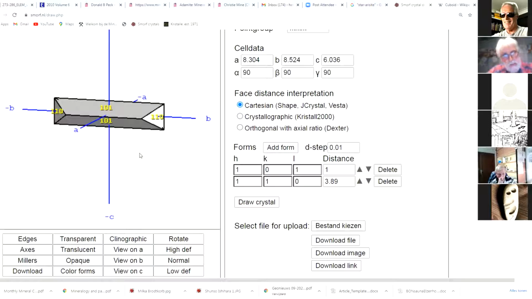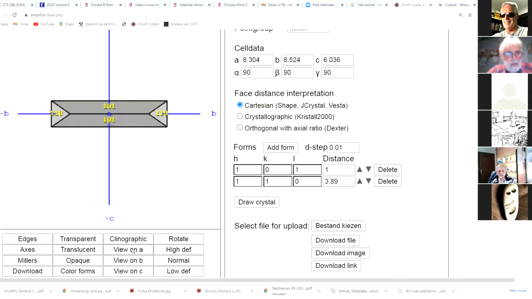It comes out of the computer screen. And you can click on these to show what the crystal looks like if you look parallel along the A axis, or the B axis, or the C axis.